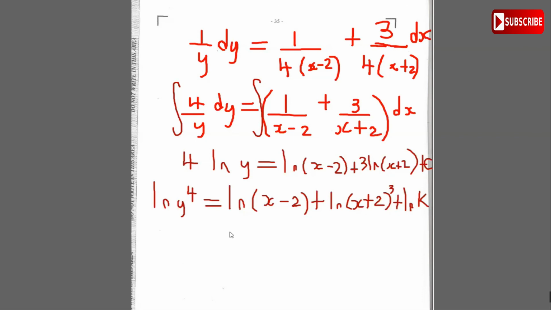Now, by laws of logarithm, we can write these as 1 log. So we're going to write it now as ln. Log a plus log b plus log c is a log of abc.